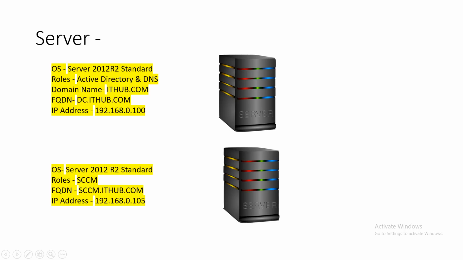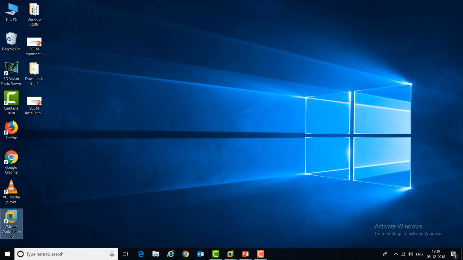In my second virtual machine where I will install SCCM server, I will install the same operating system, Server 2012 R2, and the role will be SCCM server. My FQDN for the SCCM machine is sccm.ithub.com, and the IP address I will use is 192.168.0.105.